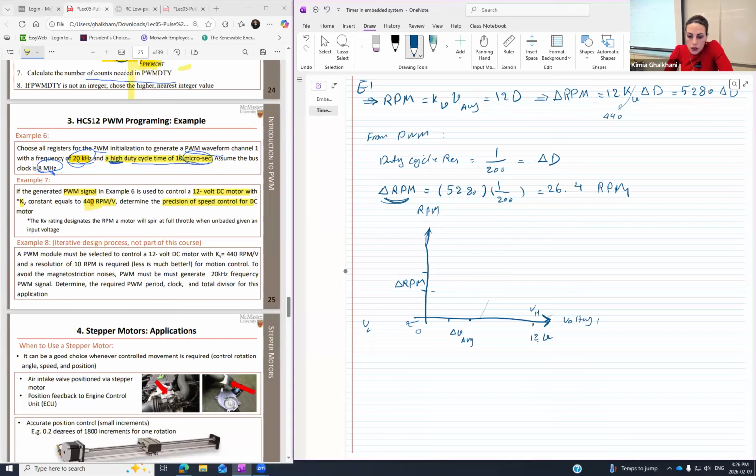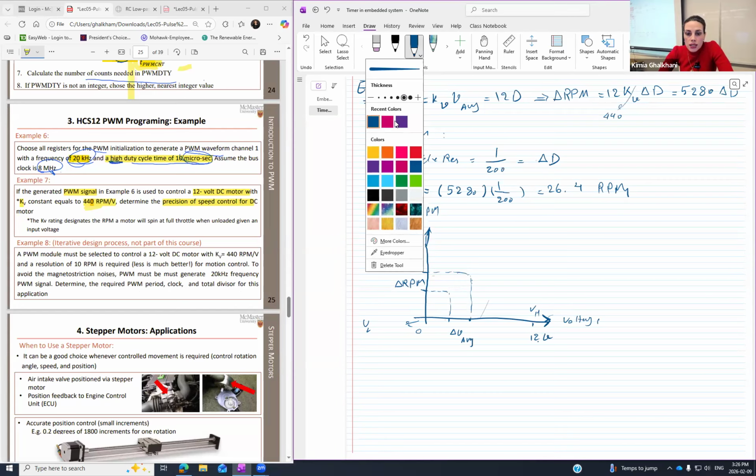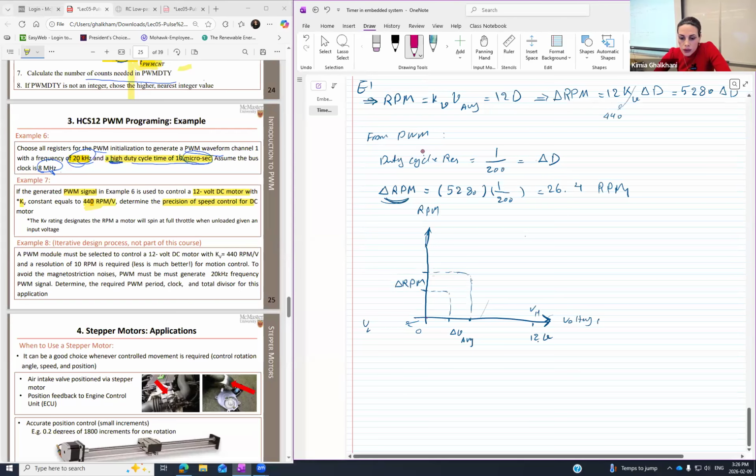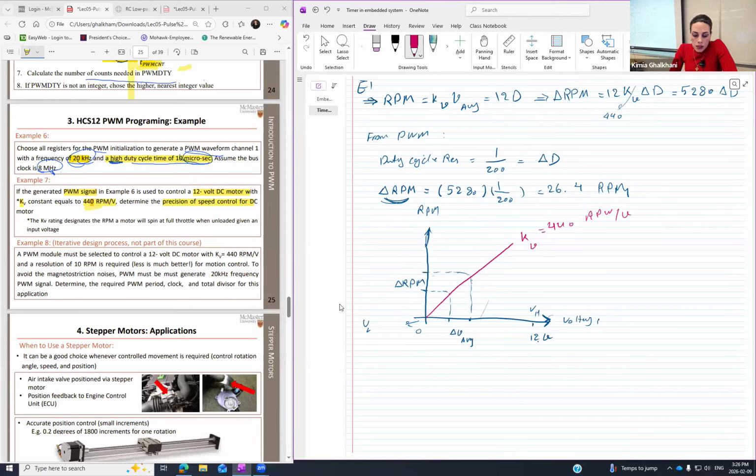Now you just connect them for the minimum and maximum, right? And then the KV. KV, remember, it was a constant. If it was a constant, I should write like this. Means this one is KV, which is 440 RPM per volt, right? I calculated this one to be the maximum.